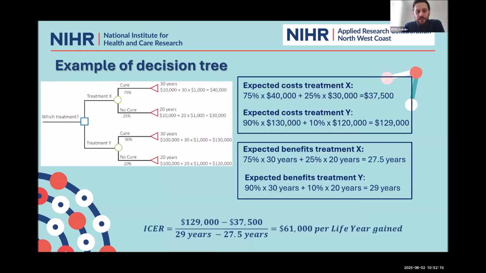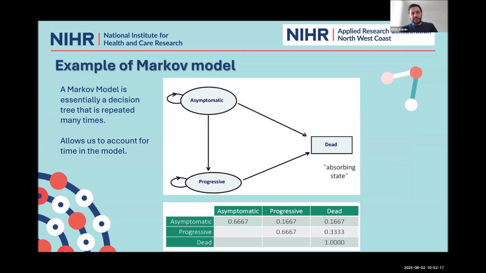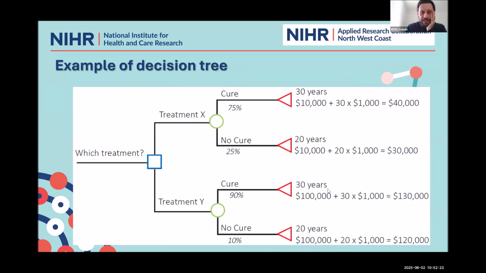I'm going to present you the Markov model, and the Markov model will differ a bit from decision trees. If you think about the decision tree, I'm going to go back here to this slide. Decision trees are quite simplistic in the way they present reality.